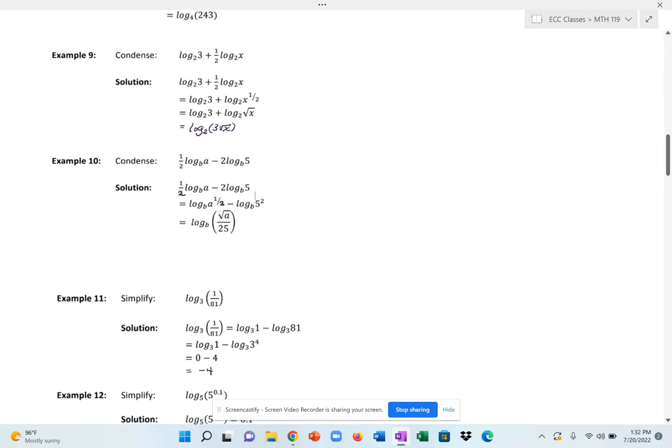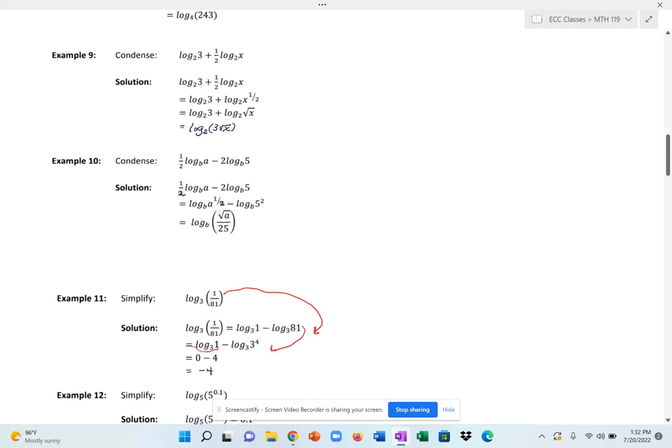In this one, you're just being asked to simplify. And in order to simplify this, you do have more than one option. I'm going to do this one using my logarithmic laws. And so I'm going to write this quotient as the difference of two logarithms. And then I'm going to apply some of the rules that I mentioned at the beginning of the lesson. 81 can get rewritten as 3 to the 4th power.